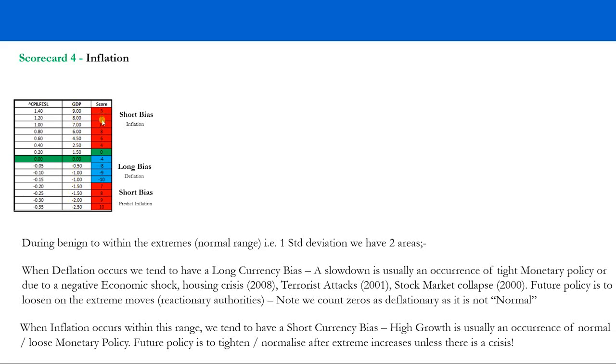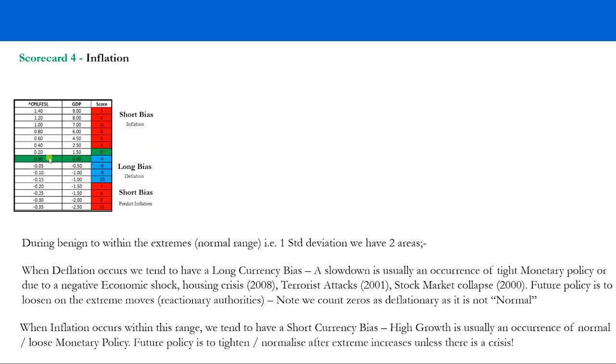And then we assign our scores as inflationary, deflationary, and in the zones of short and long bias. So we've seen what's normality, within the extremes, so the normal range, one standard deviation. We've got two areas. So when deflation occurs, we tend to have a long currency bias.